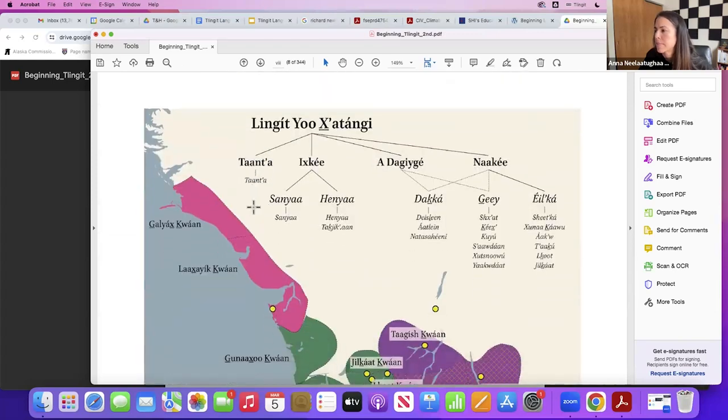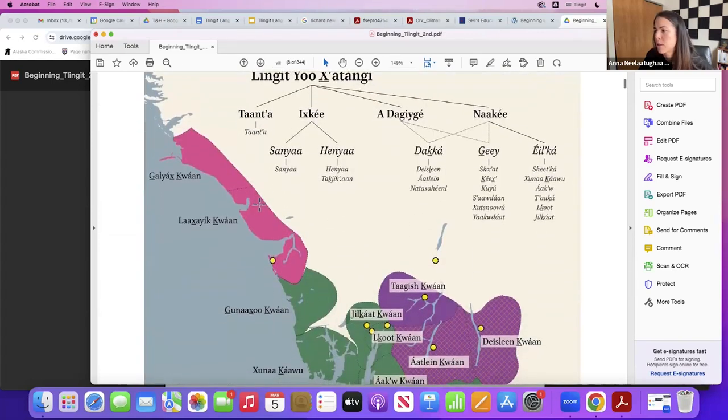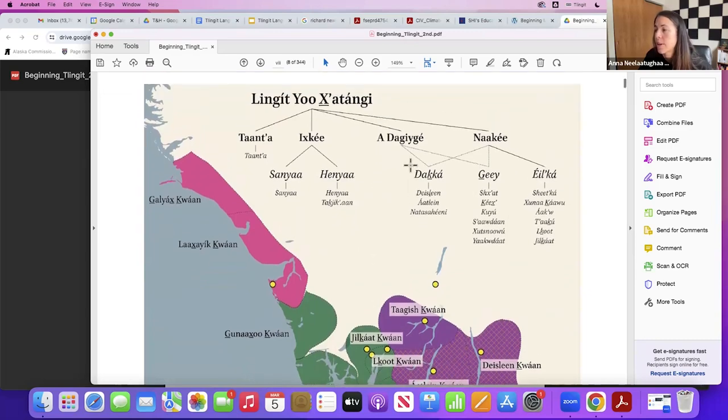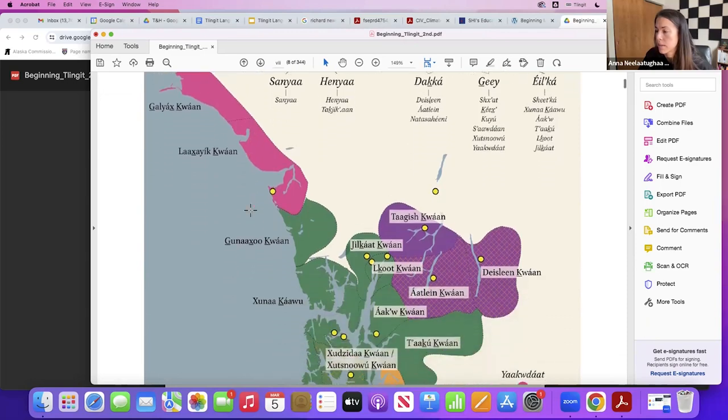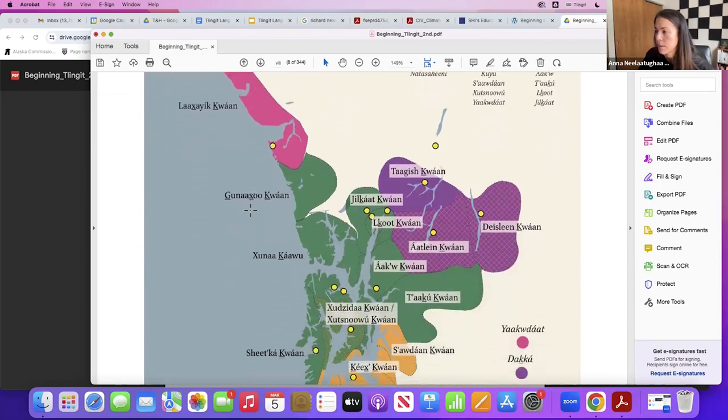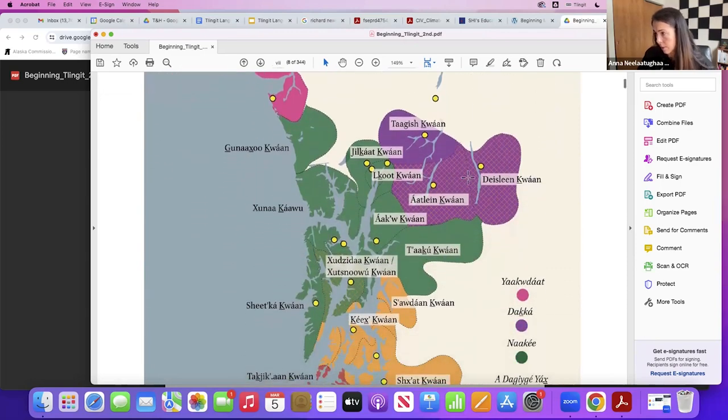This is a map that shows different ways of speaking the Tlingit language. It also shows Kwáan territories, so ancestral homelands. One of them is one we just talked about.